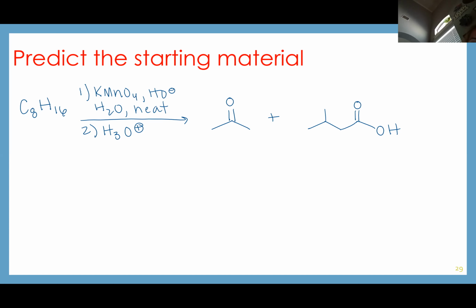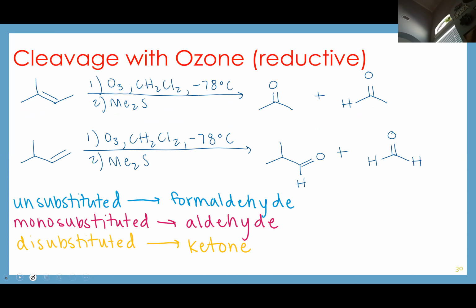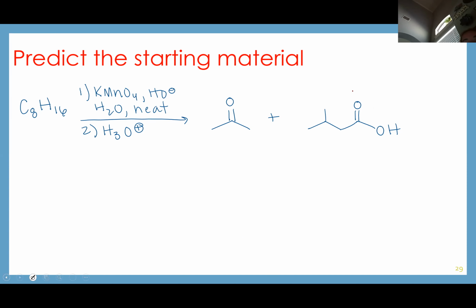So I think the easiest way to handle this type of thing is you need to know that, oops, I was not touching the screen that time, so that was confusing. The two carbonyl carbons must have been attached to each other. That's the only way that this would work. So you have an alkene, and you guys nailed it on this one.